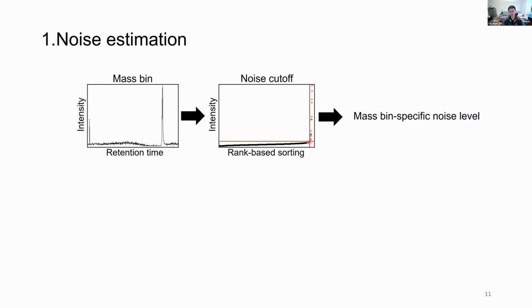From there, we try to find a point where the mean value of the signals on the right side is 3 times larger than the standard deviation of the signals on the left side. This is basically adopted from the signal-to-noise ratio needing to be larger than 3 to determine a valid signal, and this allows us to get a mass bin specific noise level.